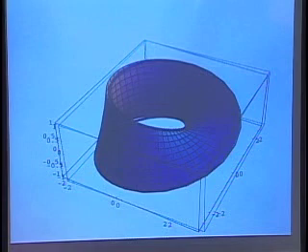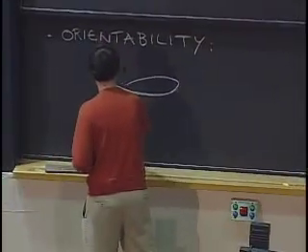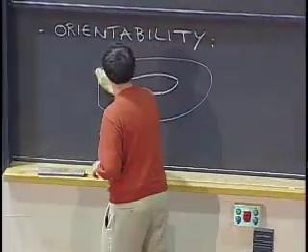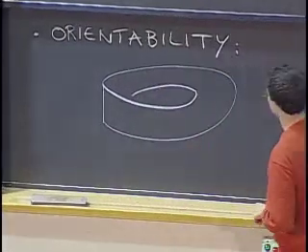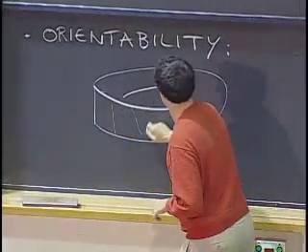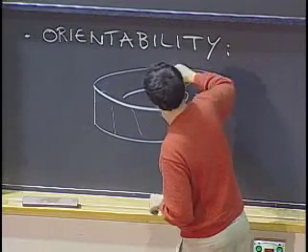And that gives us actually serious trouble if we try to orient it to apply Stokes' theorem. So see, for example, if I take this Möbius strip and I try to find an orientation. So here it looks like that.